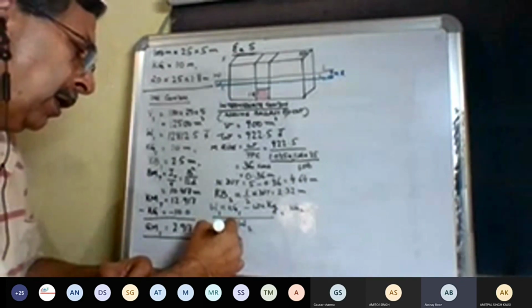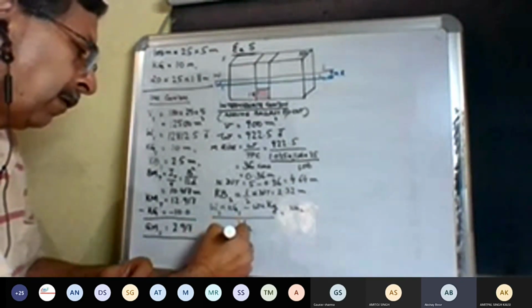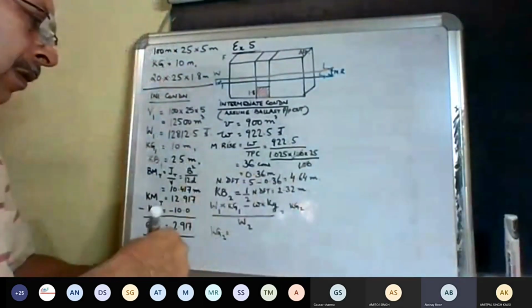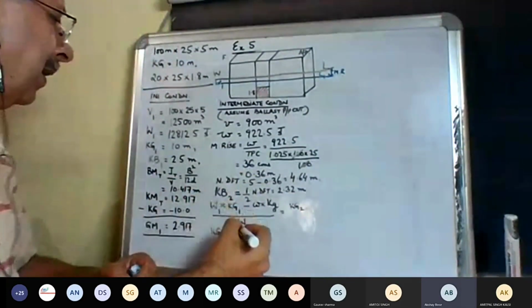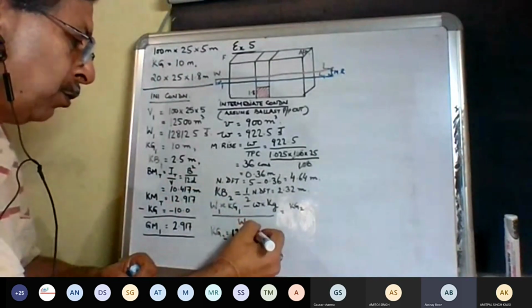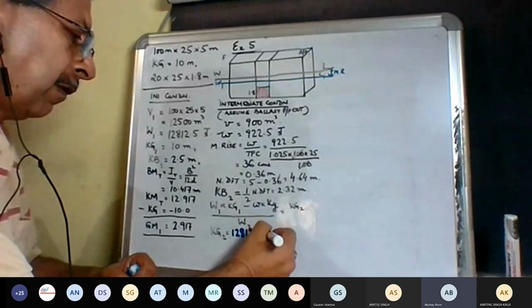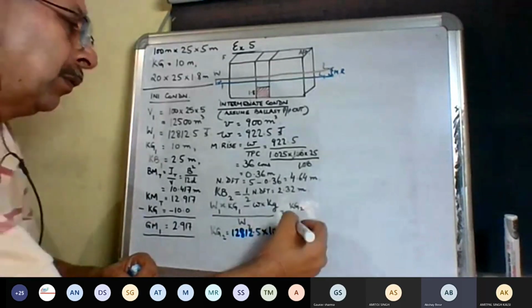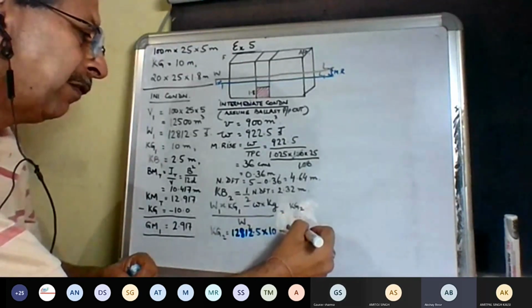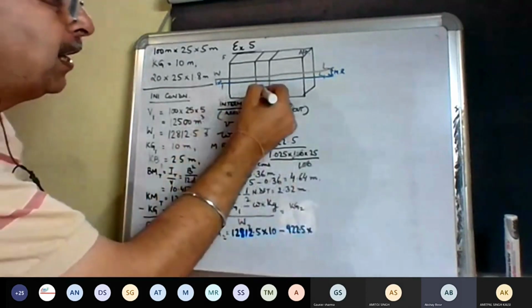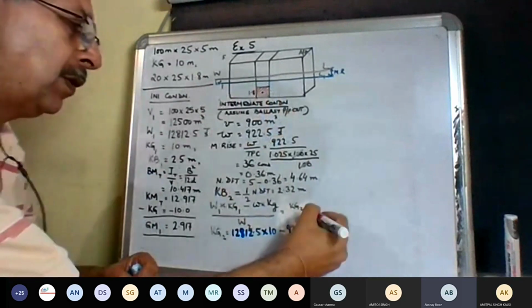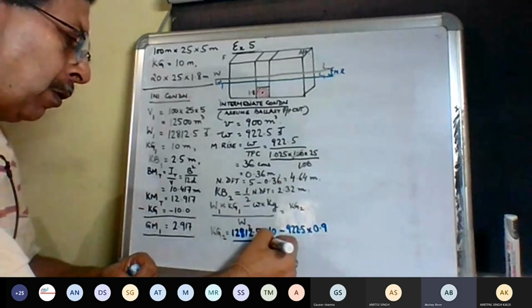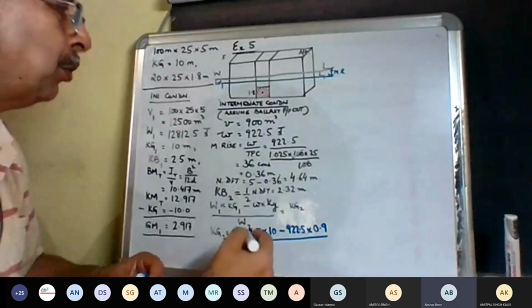So KG2 will be equal to W1, 12812.5, into KG1 10 meters, minus small w 922.5 into KG of the weight getting discharged 0.9, divided by W2.